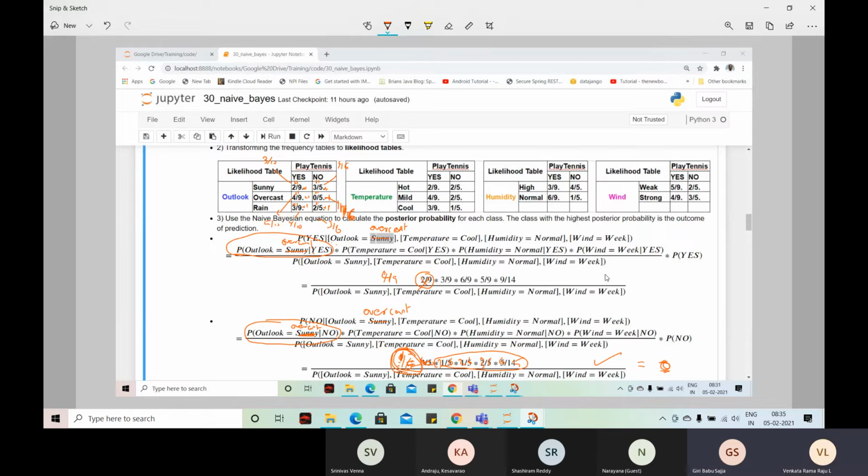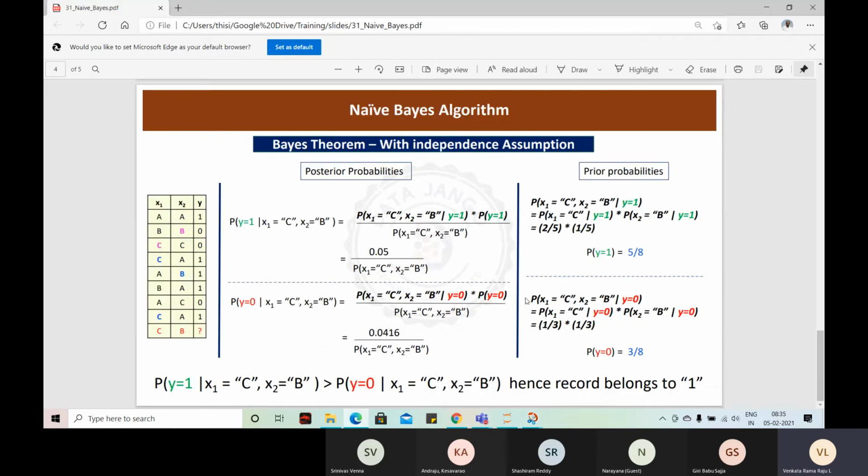So this is Laplacian correction, and in NLP language models we are going to magnify this Laplacian correction a little more. This probability is the basis, and if you understand or remember this, that's enough. You don't go into probability too much. I'll cover all kinds of things in language models.